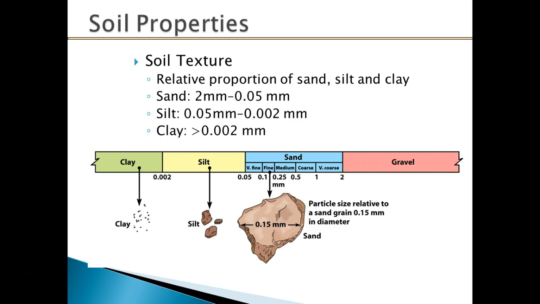Now, the particulate size is important because that gives you an idea of how much pore space you're going to have. And if you recall in part 1, pore space is the area in between each particulate that can house water and or air. And both of those are important, and specifically oxygen in the air.